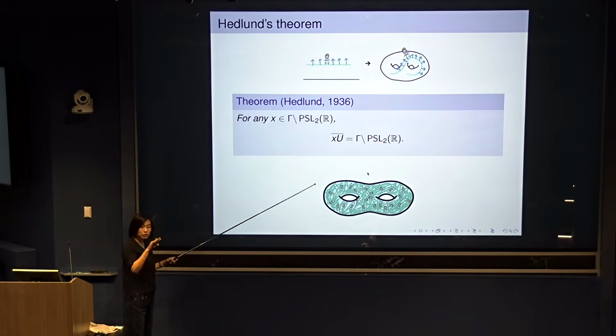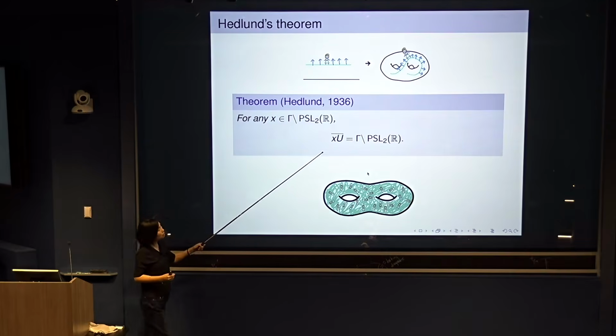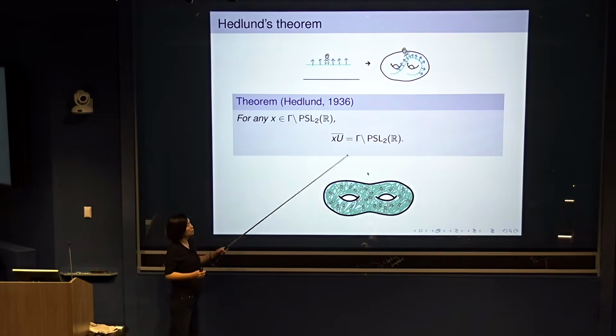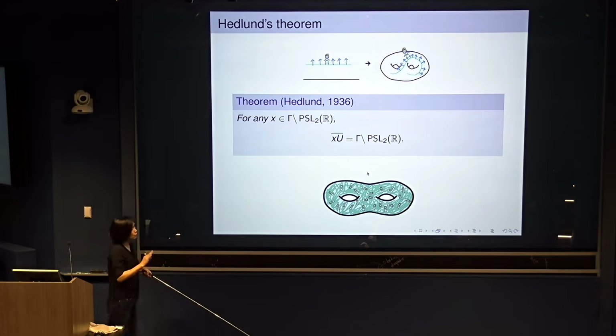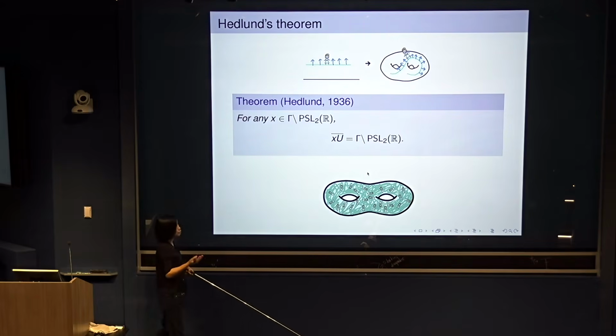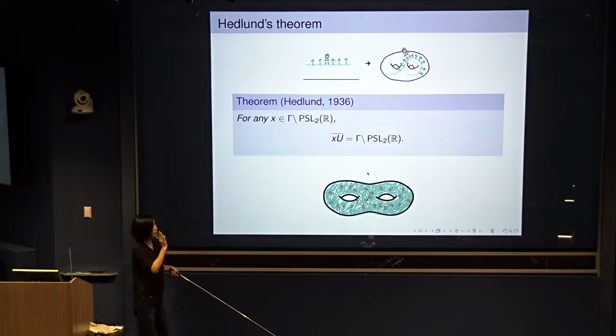So not only on the hyperbolic surface, but for any point x, for any arrow, the closure gives you not only all the places, but also all the possible angles. So from the traveler's point of view, not only does she get to visit all the places, but she gets to appreciate all the objects from all possible angles.